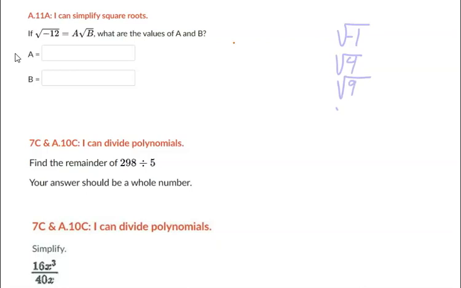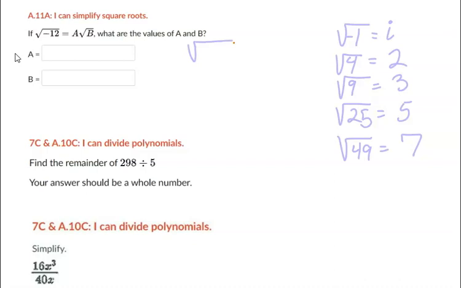The common perfect squares that you'll most likely see on the majority of these kinds of problems are as follows. The square root of negative 1 is i. The square root of 4 is 2. Square root of 9, 3. Square root of 25, 5. And square root of 49 is 7. It will be one or more of these, most likely, in each of these questions.